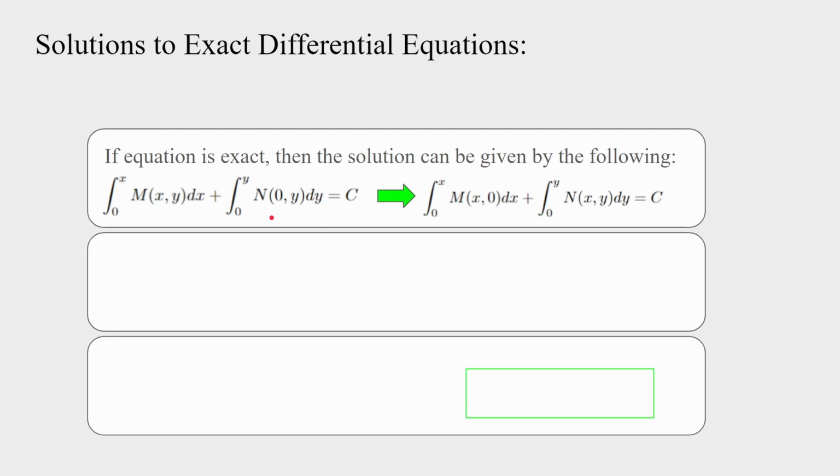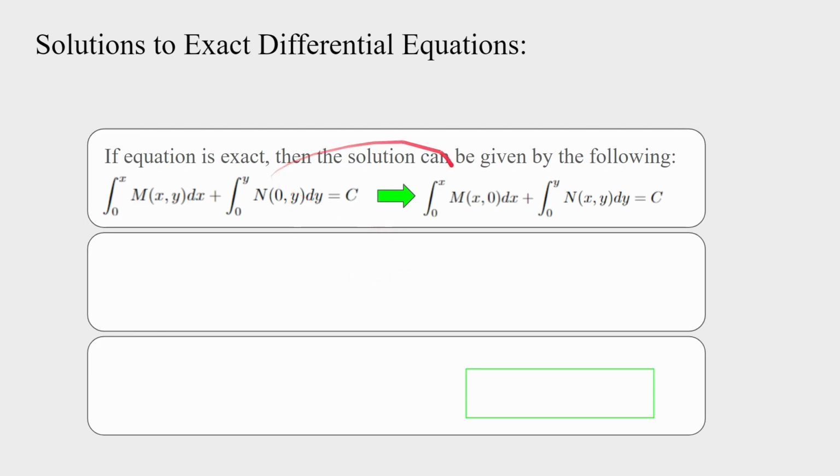But as you can see here, something's kind of weird. We have a 0 in this. If we look at the integrand of this second integral, this function multiplied by dy, we're substituting the x for a 0.